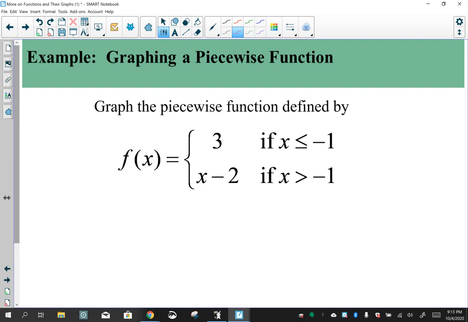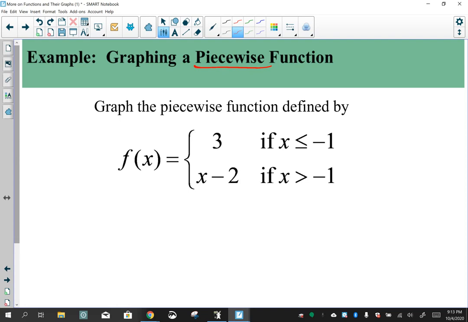So the other thing it's going to have you do is graph these things. Now, your calculator is not so nice about this. So you have to literally piece this stuff together. That's one of the reasons why it's called a piecewise, because you are piecing stuff together.